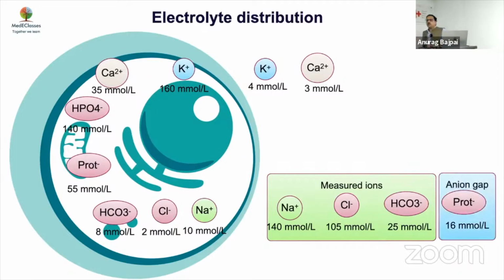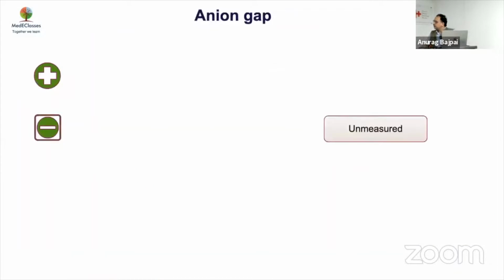This is what the anion gap is: the difference between unmeasured negative ions and unmeasured positive ions.